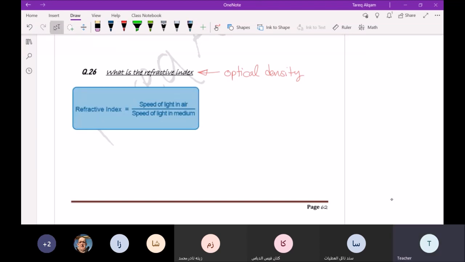How can we find the refractive index? We will divide the speed of light in air over the speed of light in this medium. This refractive index, guys, equals sine i over sine r. I will explain this for you. Or sine r over sine i.